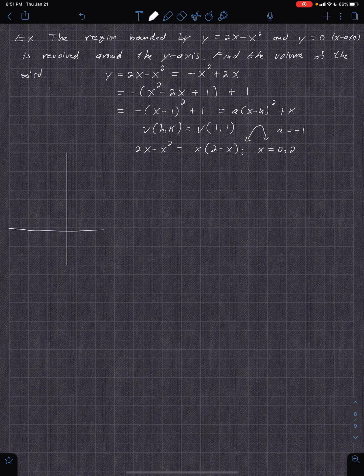Let's do it right about here. It's shifted over, so I'll do it like this. The vertex was 1, 1, and then it's over at 2. So we'll make this 1, this 2, and then 1, 2. So this is our graph.